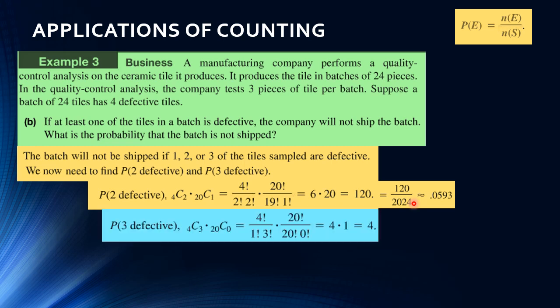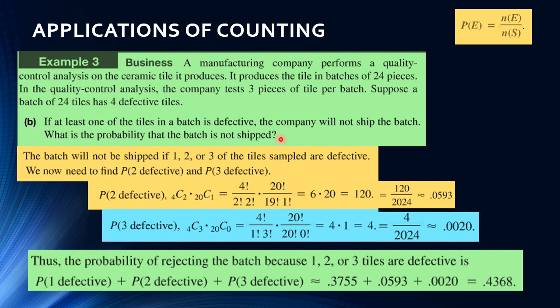And then the probability that 3 are defective is the combination of 4 things taken 3 at a time. And of course, we want 0 not defective, so we get 20 taken 0 at a time. And remember, that just equals 1. And so here we get the probability of 0.0020. Now we want the probability that the batch is not shipped, so that means the probability that 1 is defective, 2 is defective, or 3 is defective, and that's just a sum of those 3 probabilities.